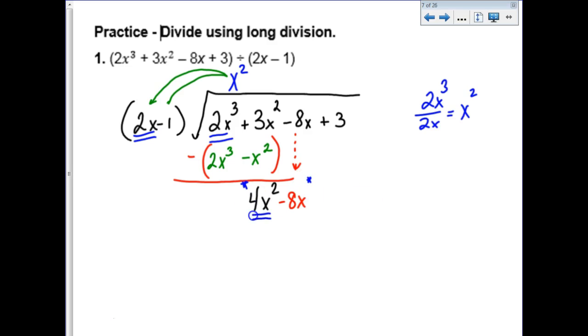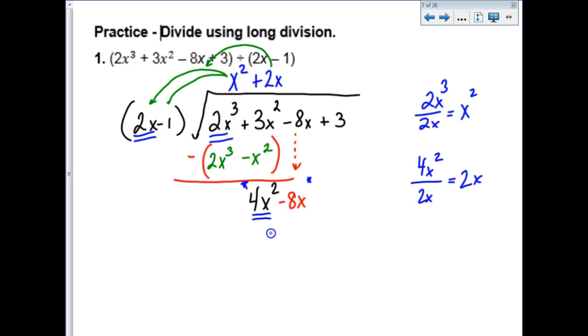So starting all over, take your lead term of 4x squared and divide it by your lead term of 2x. So 4 over 2 would be a 2, x squared over x would be an x. That's a positive 2x, so up here above the division sign, you write a plus 2x. And then we multiply.